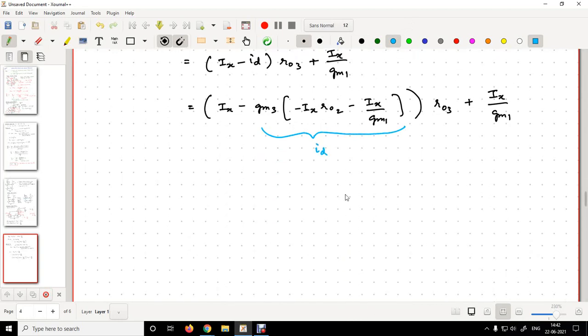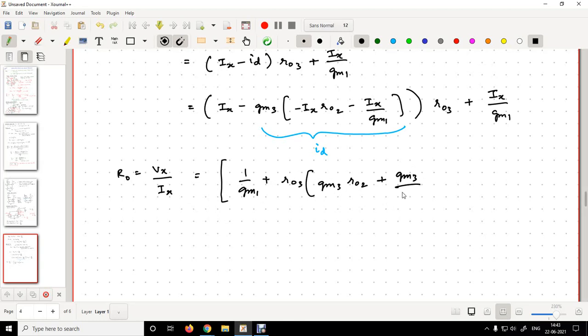So again solve it. You should get R naught equal to Vx by Ix. Take Ix common throughout. So you should get 1 by Gm1 plus R03 in brackets, Gm3 R02, then plus Gm3 by Gm1, plus 1.